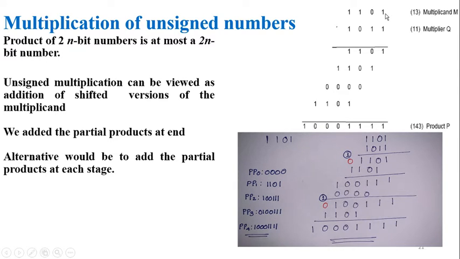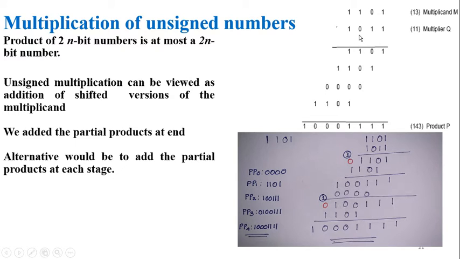Okay, so for each multiplier bit, we perform a suitable left shift operation. With the proper left shift, we write down the various partial product values. While multiplying with 1, we write down the multiplicand itself with proper left shift.